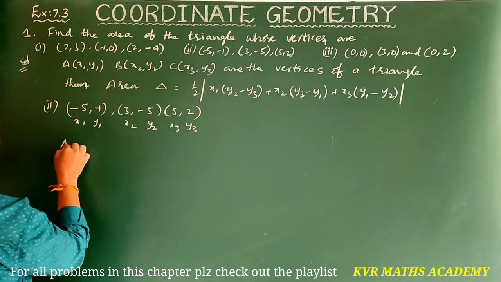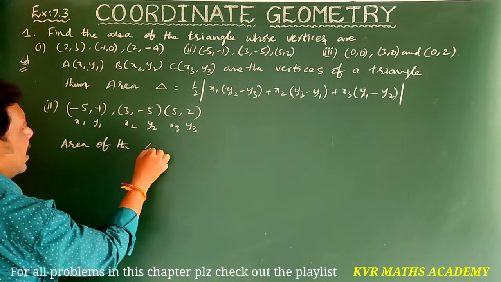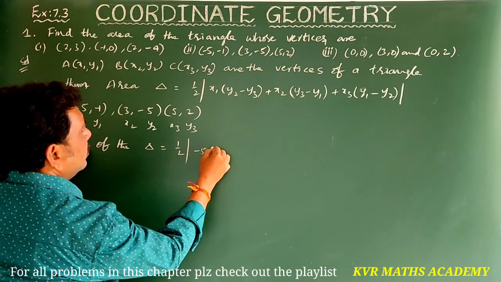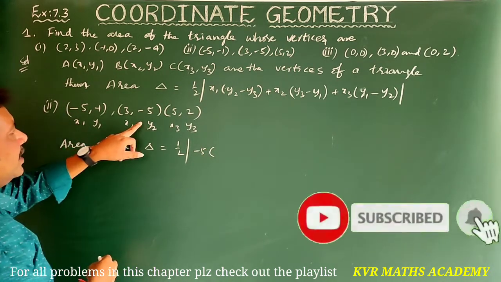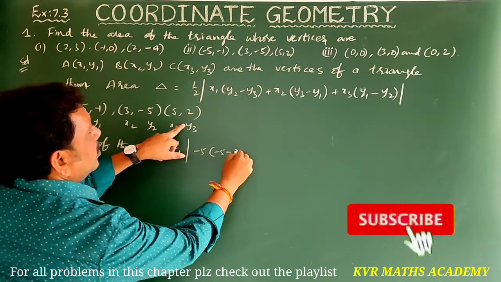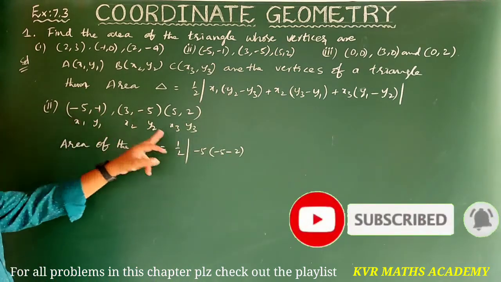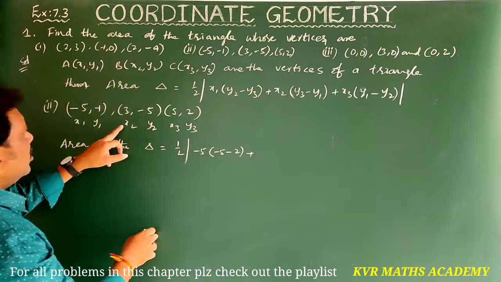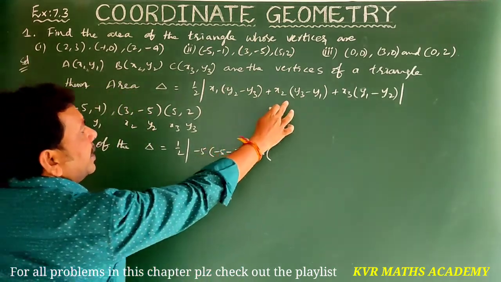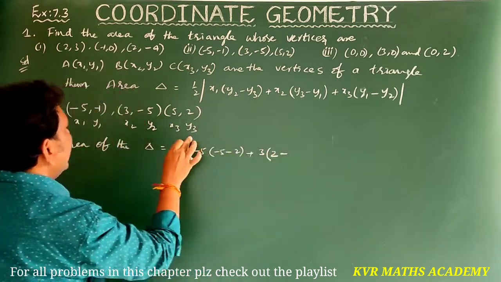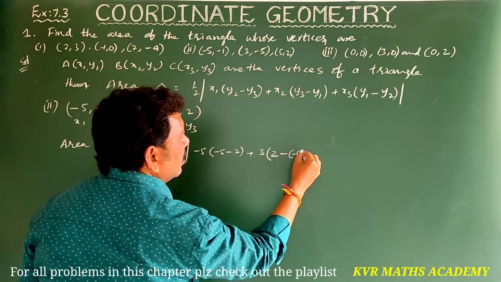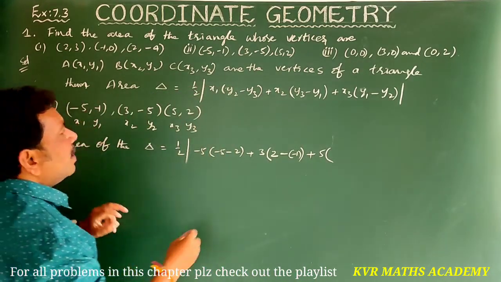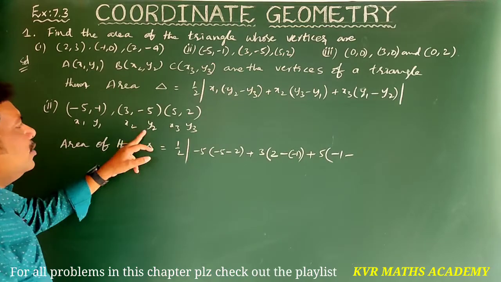Area of the triangle is equal to half modulus of x1, which is minus 5, into (y2 minus y3), that is minus 5 minus 2, plus x2, which is 3, into (y3 minus y1), that is 2 minus of minus 1, plus x3, which is 5, into (y1 minus y2), that is minus 1 minus of minus 5.